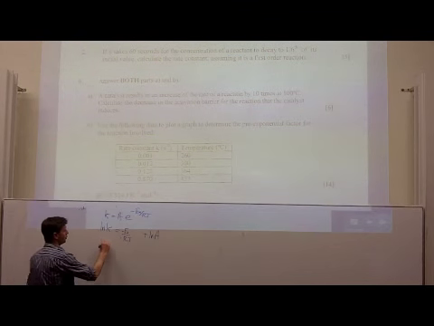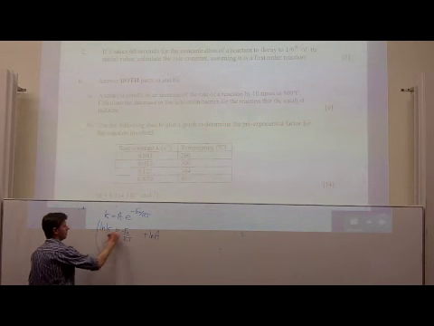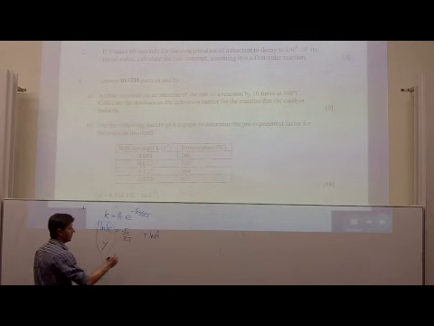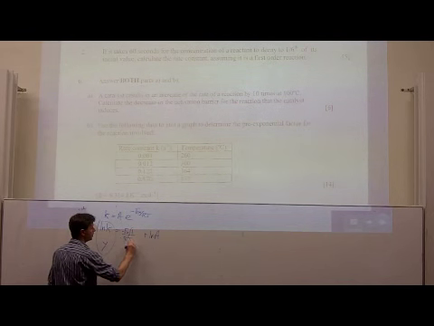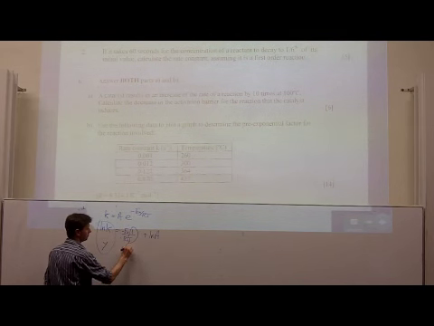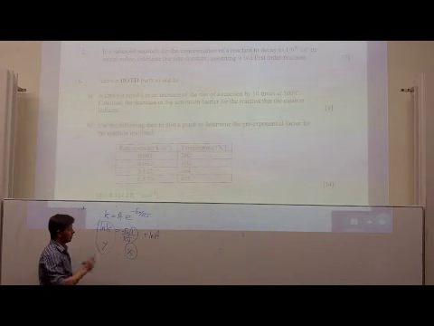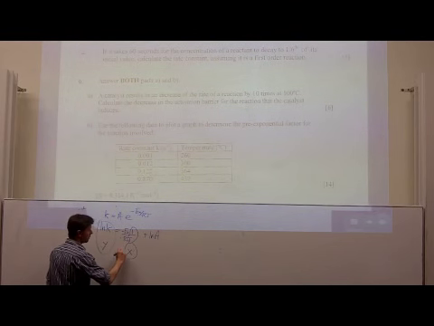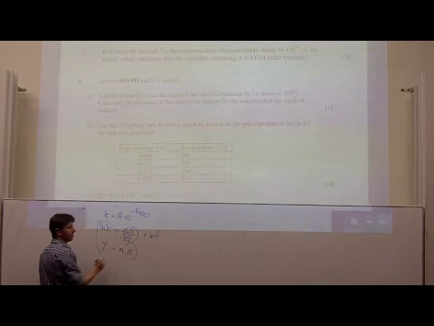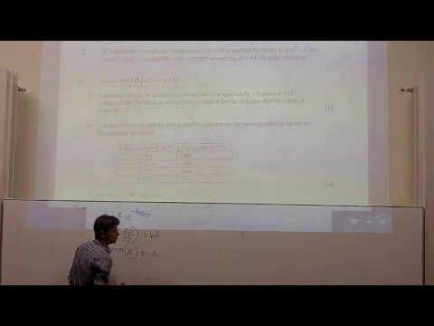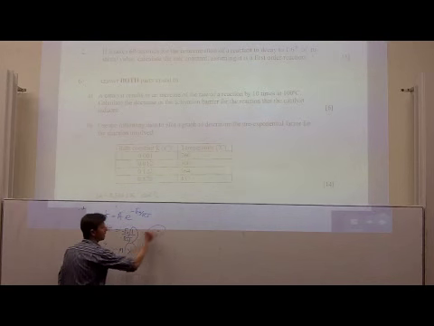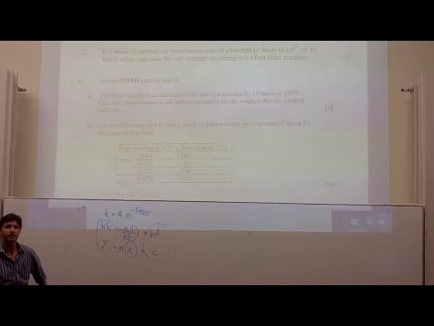Now, if I plot on the y-axis the log of my rate constant, and on the x-axis I'm going to plot 1 over T, then I'm going to have a straight line where the slope, m, is the activation energy over R, and the intercept, C, is going to be this pre-exponential factor, or the log of the pre-exponential factor.